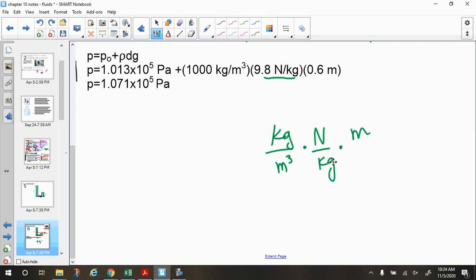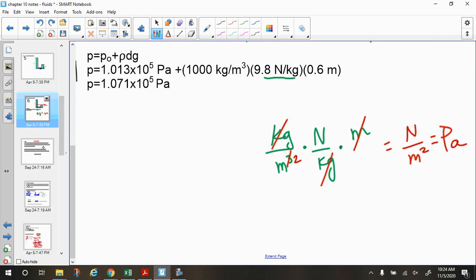So we can easily see that our kilograms are going to cancel. And then one of our meters cancels. Oops, that becomes 2. And then we get newtons per meter squared, which is a pascal, the unit of pressure. So that works out.